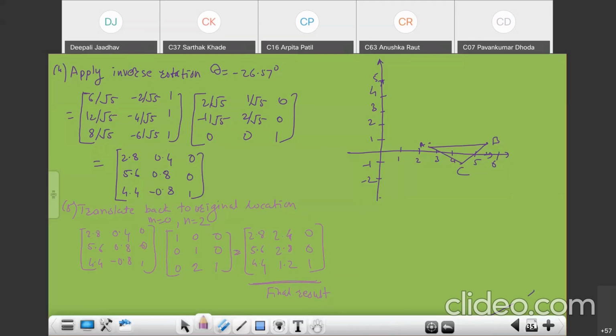Here it is A star, we call it the final one. Then 5.6, 2.8, it is somewhere here, B star, and 4.4, 1.2, here it is C star. That is our final result by applying all these 5 steps.